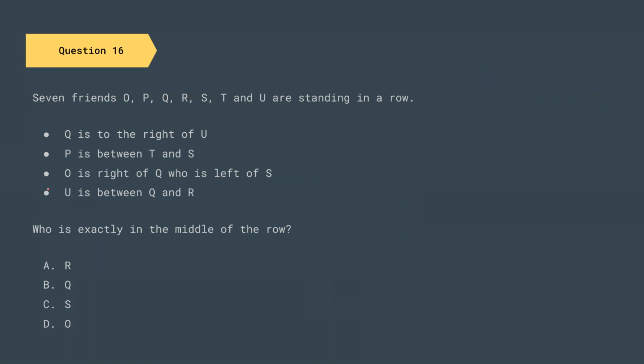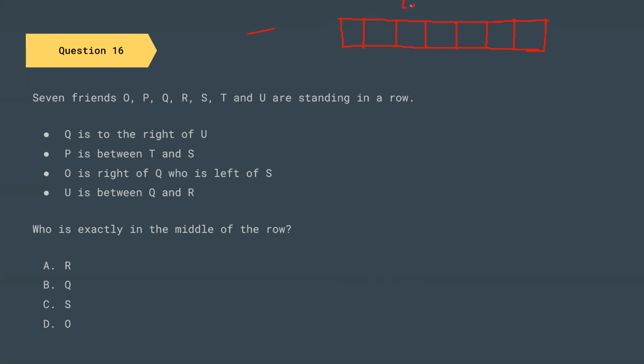Okay. So seven friends, we have seven friends here. O, P, Q, R, S, T, and U are standing in a row. Q is to the right of U. So we have seven friends here. So I will make seven arrangements. So 1, 2, 3, 4, 5, 6, and 7.